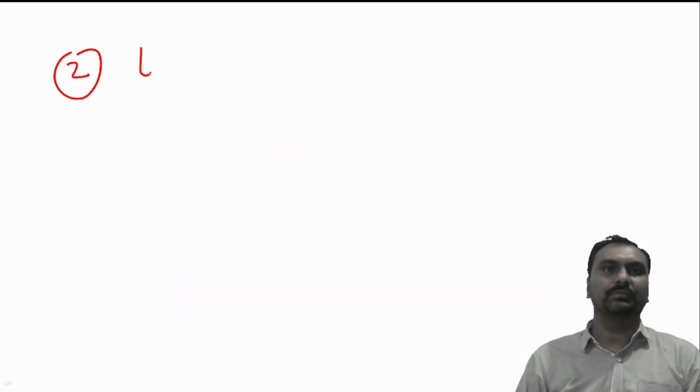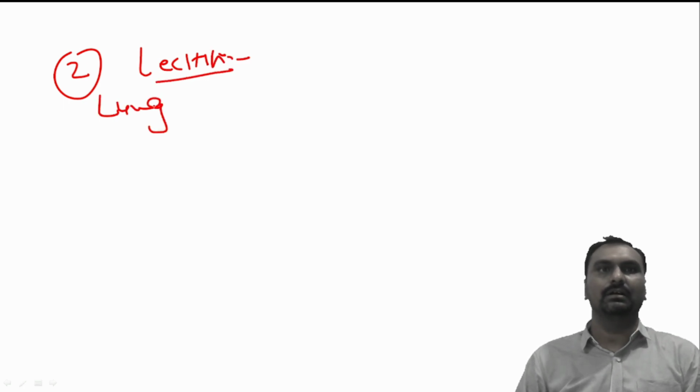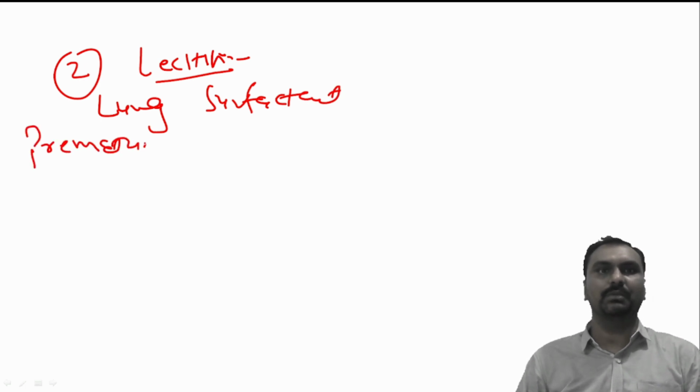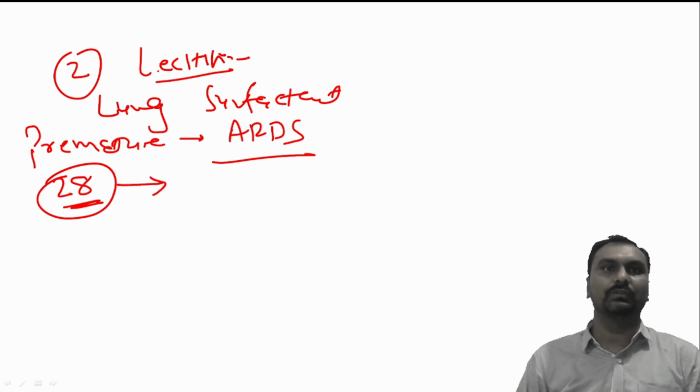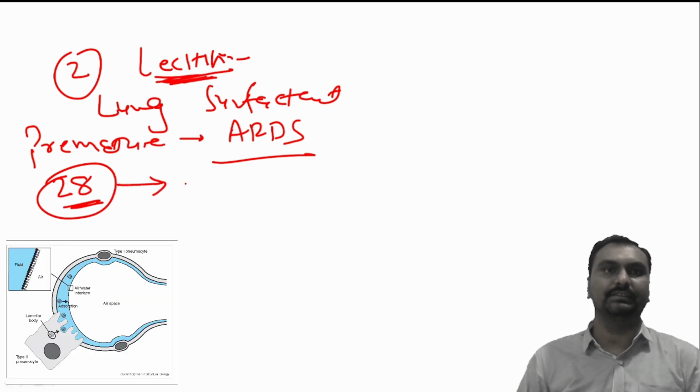Another clinical application of lecithin is that lecithin acts as a lung surfactant. A frequently asked question is why premature babies are more prone to acute respiratory distress syndrome. Because lung pneumocytes start producing this lung surfactant called lecithin from 28 weeks of fetal life.